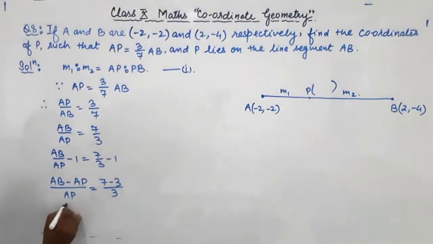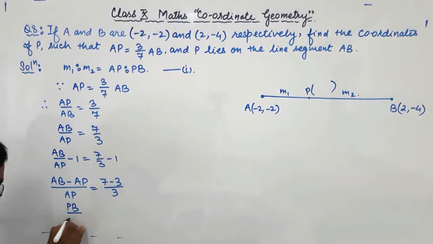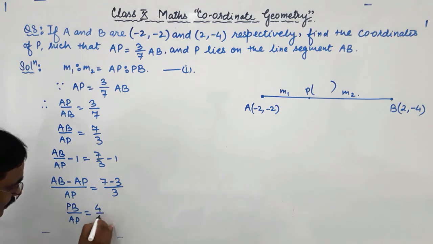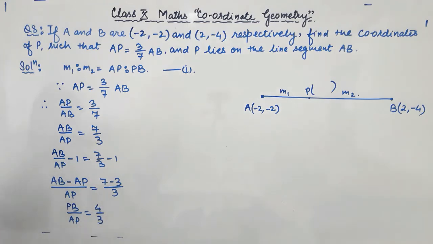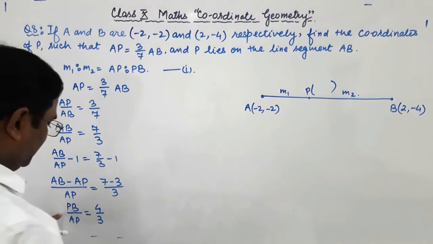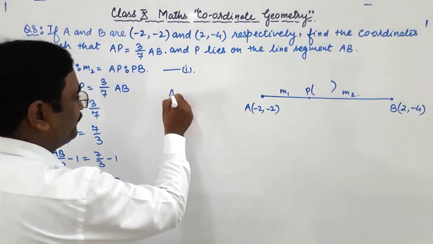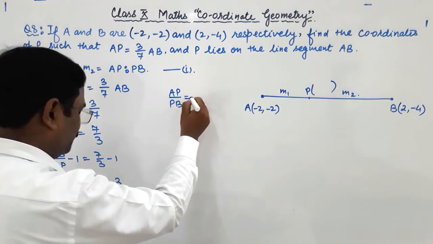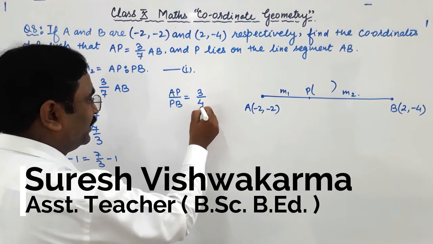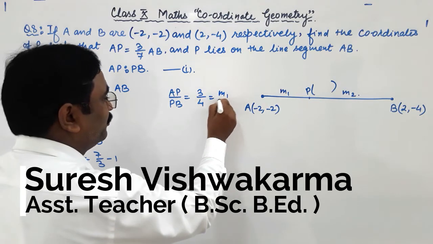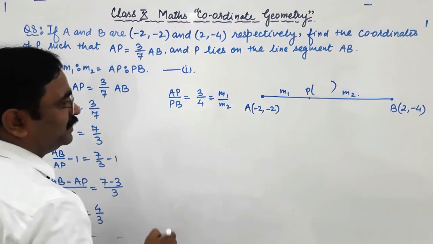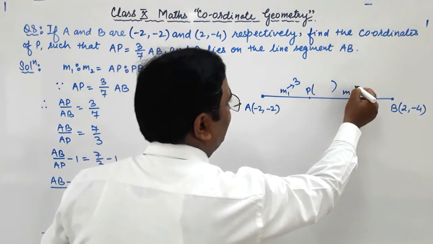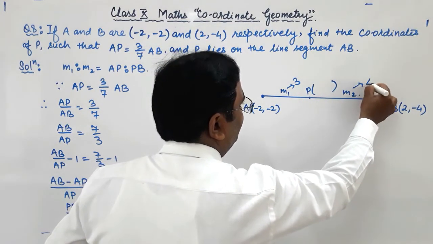So, PB upon AP equals to, this becomes 4 upon 3. Again you will take the converse of it. So, AP upon PB equals to 3 upon 4, and this is the ratio m1 is to m2. Therefore m1 is 3 and m2 is 4.